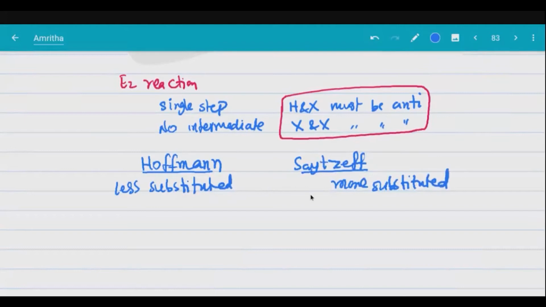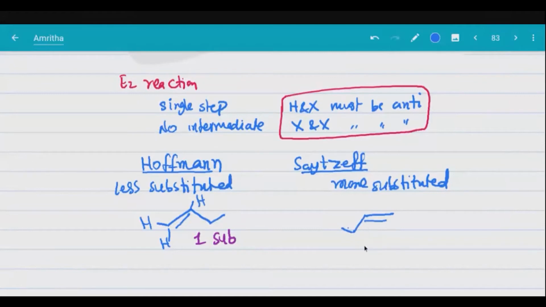Sir, what is less substituted? What is more substituted? If I take butene, 1, 2, 3, 4, there are hydrogens. How many substituents are present here? Other than hydrogen, anything is called a substituent. One substituent only. But see this one, this has 2 substituents.